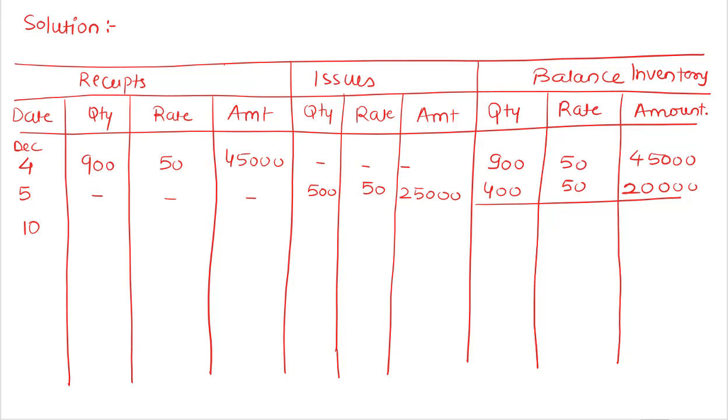The next is December 10. Again, receipt of 400 at 55. This is 22,000. There is no issues.